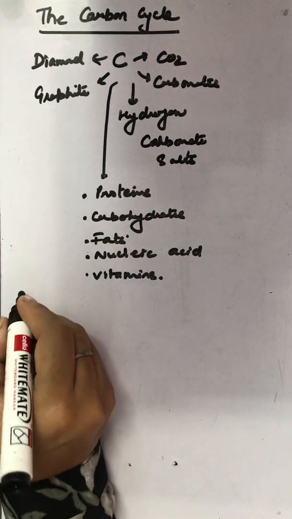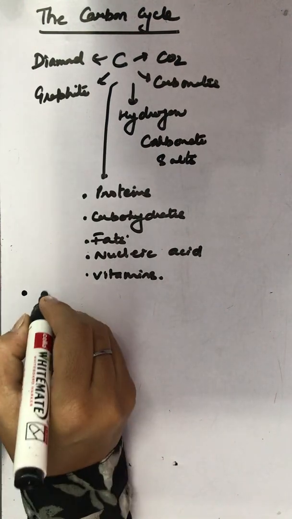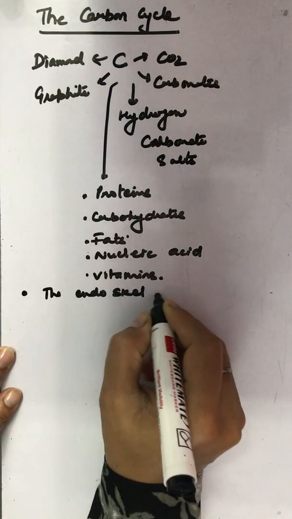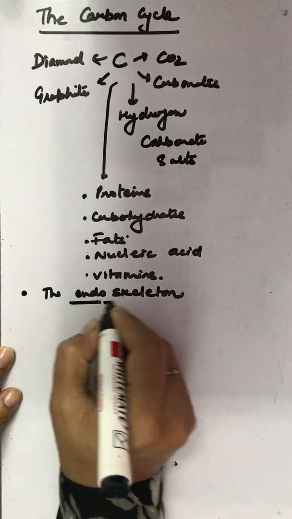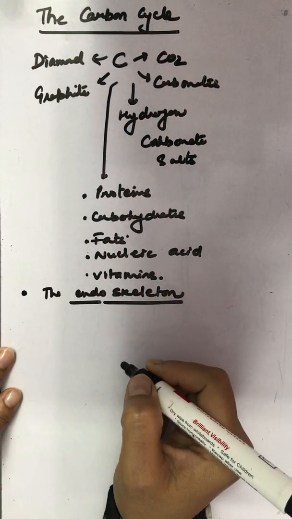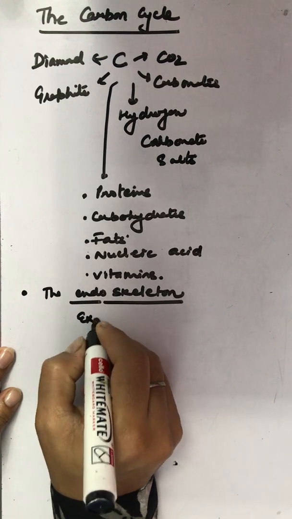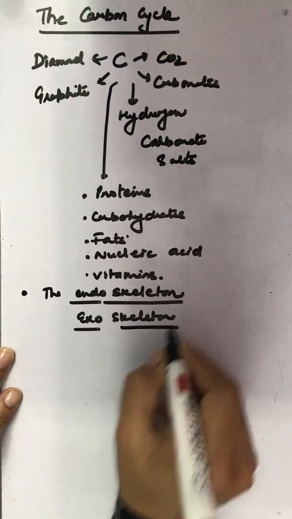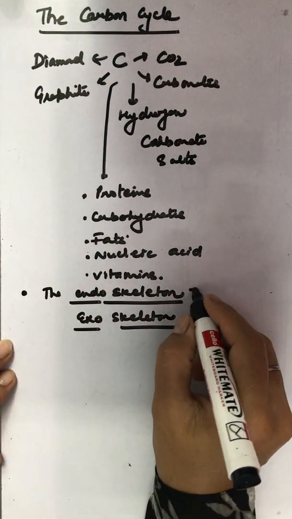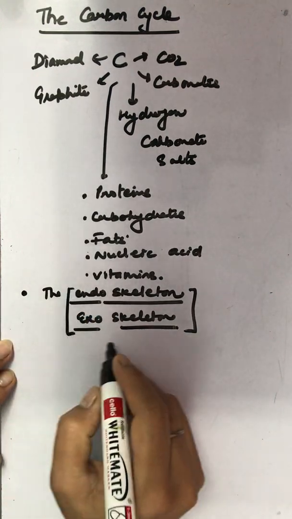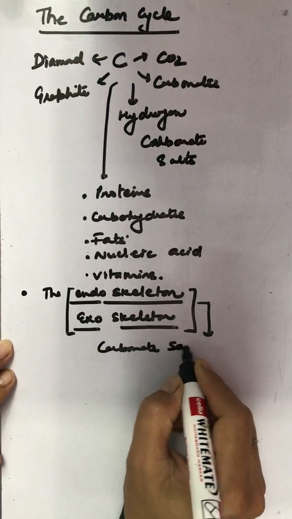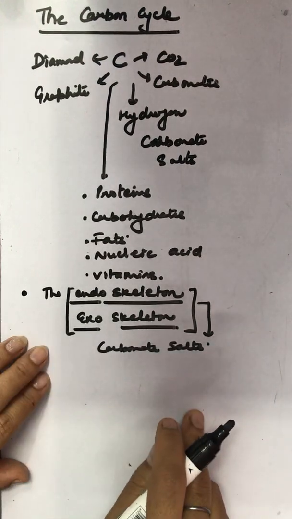This all, along with that, the endoskeleton, that means the skeleton which is present within the body, and exoskeleton of various animals. It is also formed from carbonate salts. So carbon is very, very important.